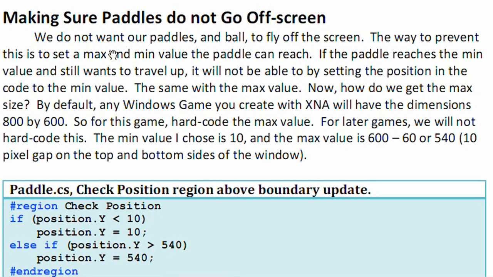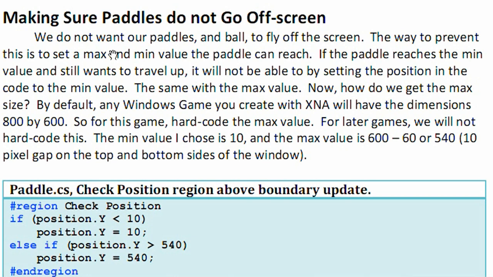10 is the min value. We want a 10 pixel gap on both parts of the screen. So if we go up, the min value will have a 10 pixel gap from the top of the screen to the paddle. We want that same 10 pixel gap at the bottom.